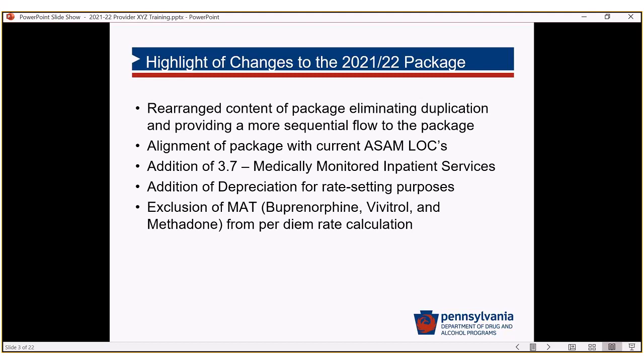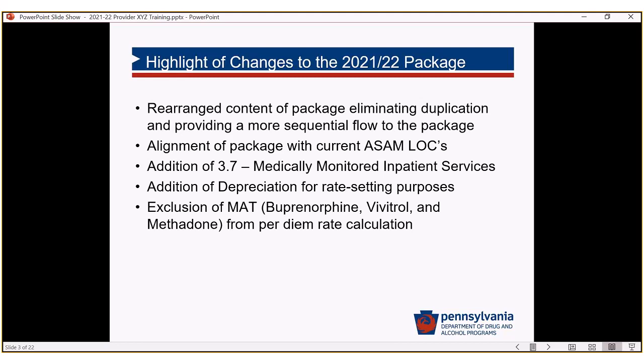And as such, we added the 3.7 level of care, which is medically monitored inpatient services. And as you know, that was not previously a part of the rate setting process. We added an allowance for depreciation within the rate setting process and for rate setting purposes. So that's something new.